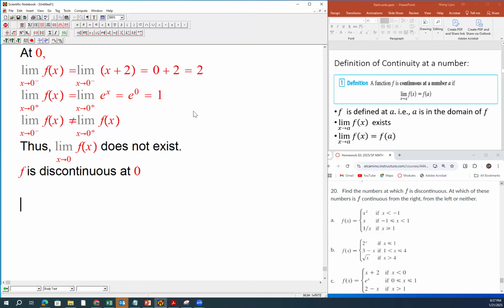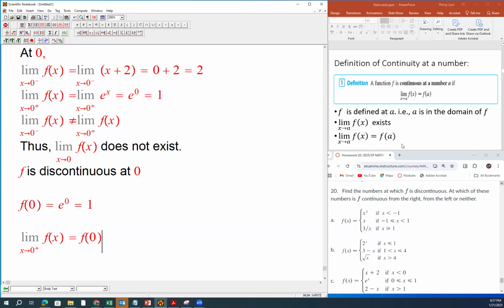Okay, so let's look at right continuity and left continuity. That would require us to look at the function's value at 0. So what is f of 0? Right? When x equals 0, we use e to the power of 0, which equals 1. So now what do we see? The limit from the right at 0 is equal to f of 0.